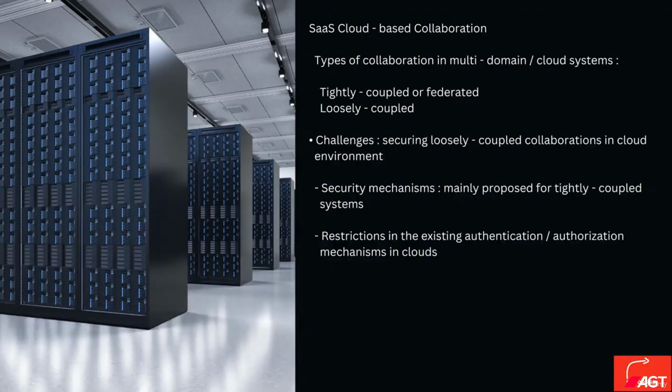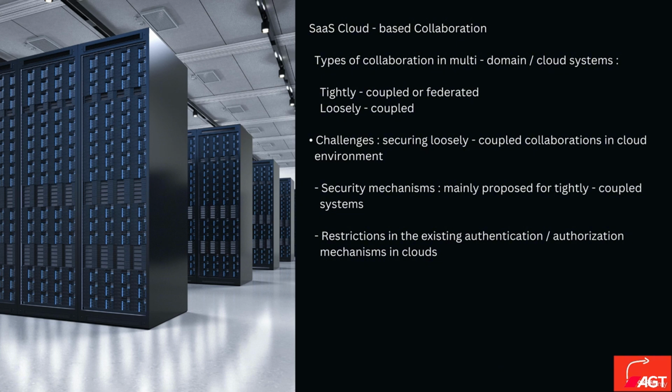Let's talk about further aspects of cloud-based collaboration in the context of cloud services that provide software as a service. It focuses particularly on the many forms of collaboration in multi-domain cloud systems and the difficulties in protecting loosely coupled collaborations in cloud environments.